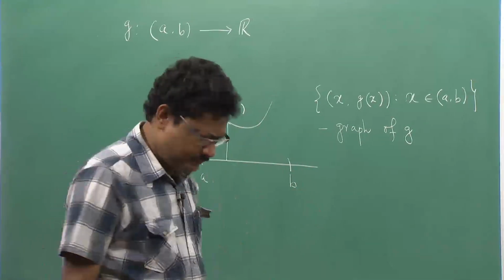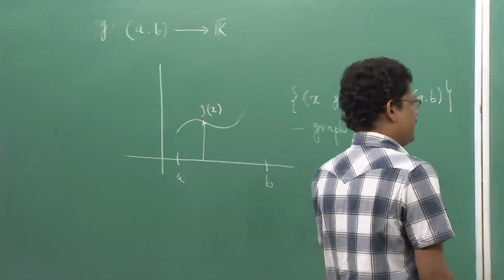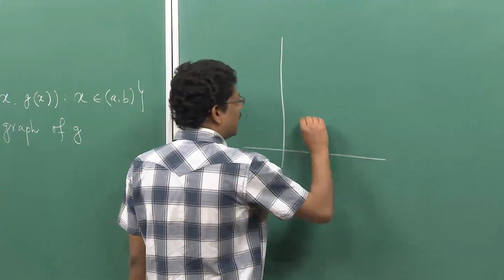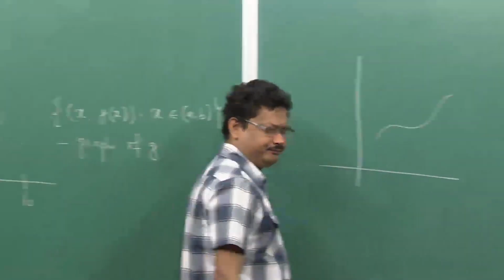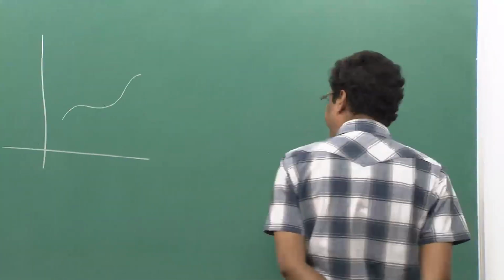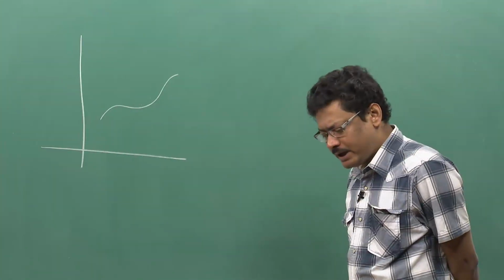Now, suppose on the other hand, I just give you a curve in R^2. How do I say it is a curve in R^2?